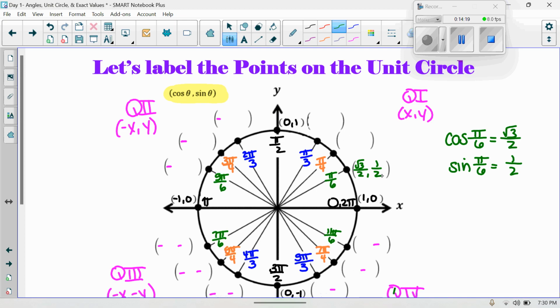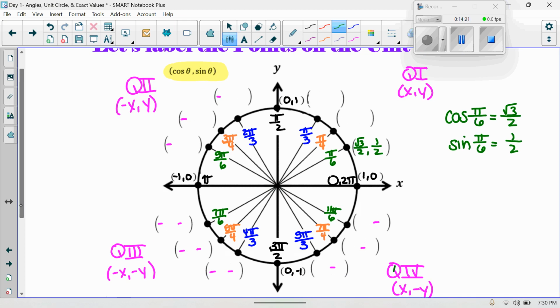So all of the other green angles, so this one, 5 pi over 6, is going to be negative radical 3 over 2, positive 1/2. 7 pi over 6, negative radical 3 over 2, comma, negative 1/2. 11 pi over 6, radical 3 over 2, comma, negative 1/2. So now I go to my oranges. Pi over 4.